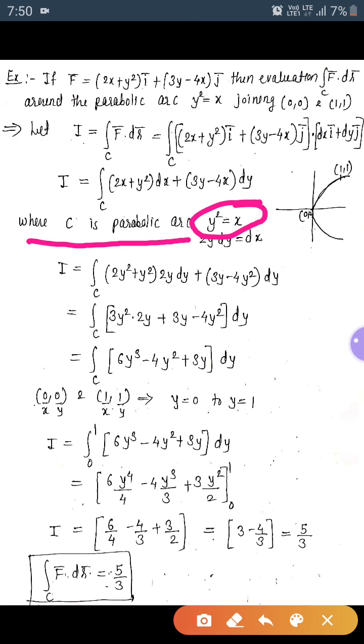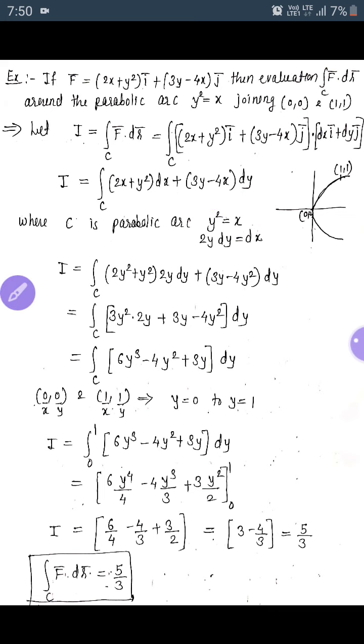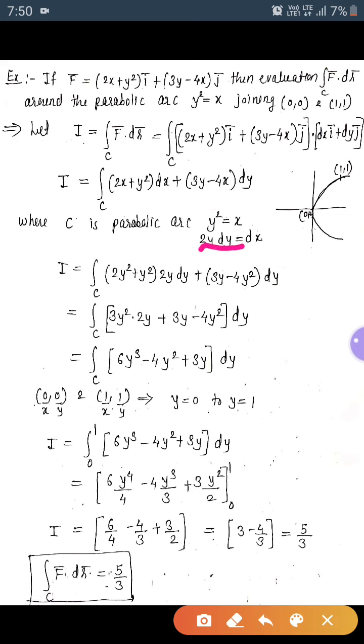Now x is equal to y squared we can put, but the dx and dy terms are also here. So to find dx and dy, we differentiate. The derivative of y squared is 2y dy and the derivative of x is dx. So put this value in equation number 1.